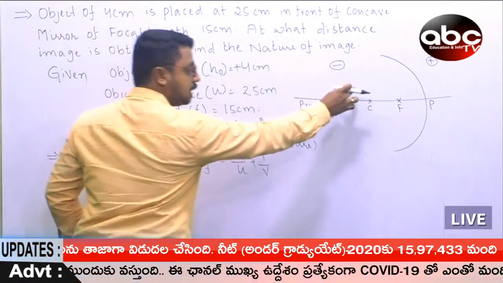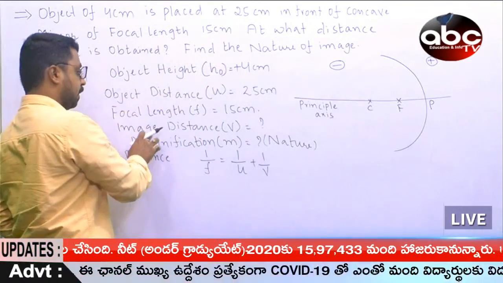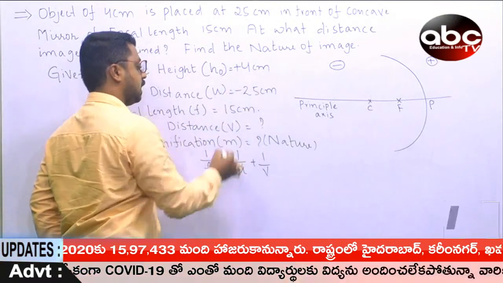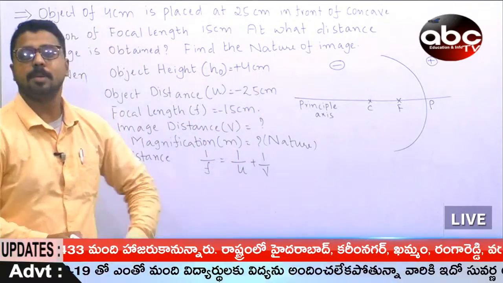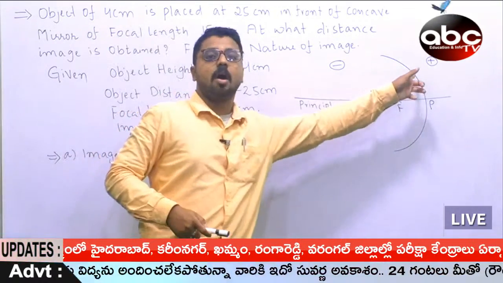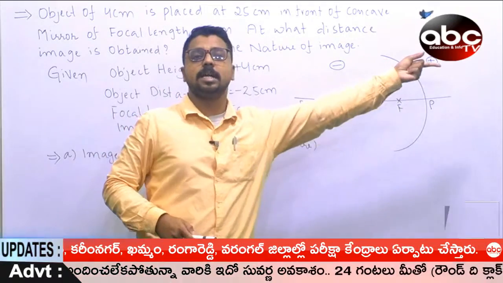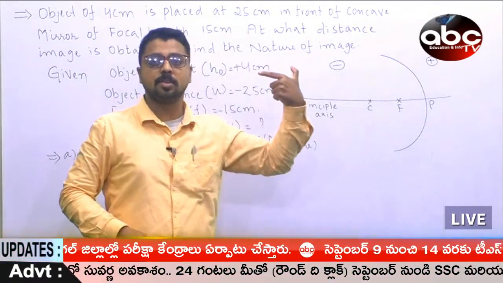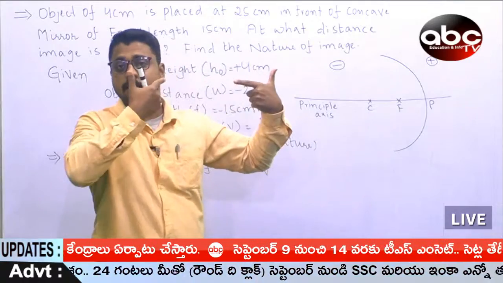The focal length is here itself, and the object distance is here itself. For both we keep a negative symbol, because object distance and focal length lie opposite to the incident direction. This could be your incident direction, whereas this is your focal length and object distance.